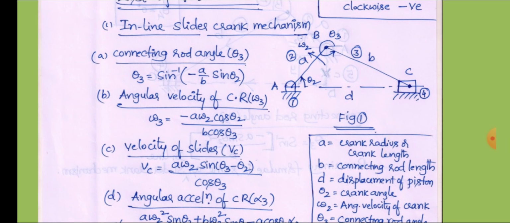It is a slider crank mechanism, specifically an inline slider crank mechanism, because the point A, which is link 1, and the slider, that is link 4, are both in line with each other. So therefore here there is no confusion. It is an inline slider crank mechanism or simply a slider crank mechanism.